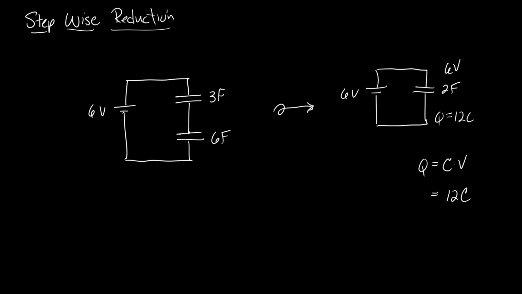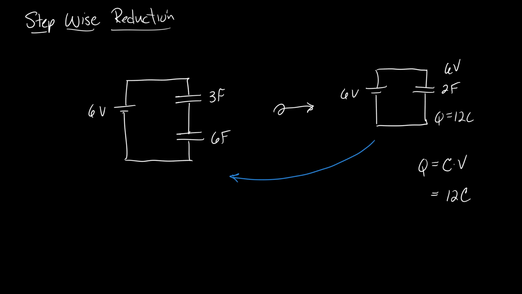Now your next step, third step, is to step backwards, taking with you something you know about your prior circuit. In a series circuit, when we step backwards, we know that the elements of a series circuit all have the same charge.